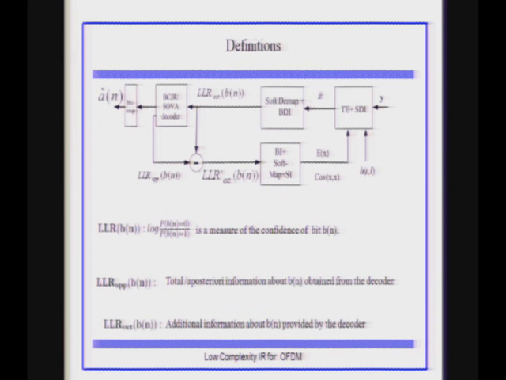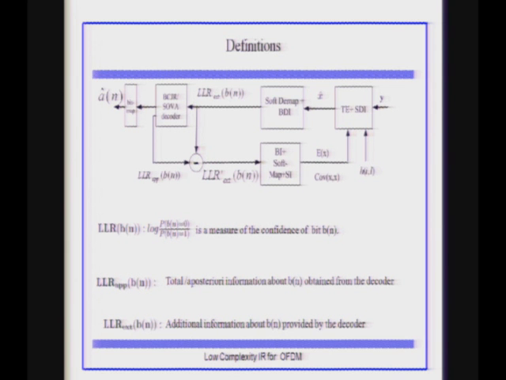Before we get into the structure of H, we look into a few definitions. So we saw this turbo equalizer, estimation and soft demapper that gets you the LLRs, and then a soft decoder that gets you refined log likelihood ratios, and then you get the expected value of the mean and variance of the transmitted symbols.